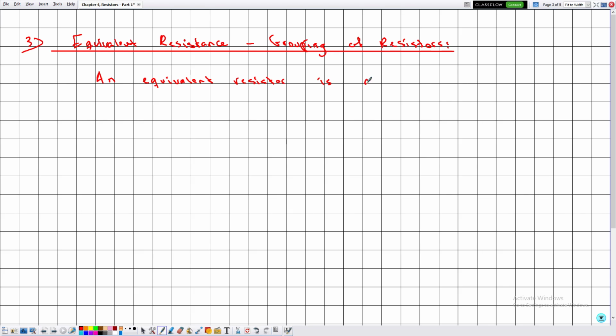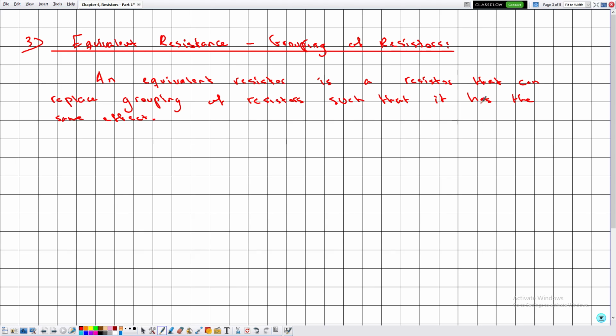It is a resistor that can replace a grouping of resistors such that it has the same effect. Now this statement here is very critical, the same effect.